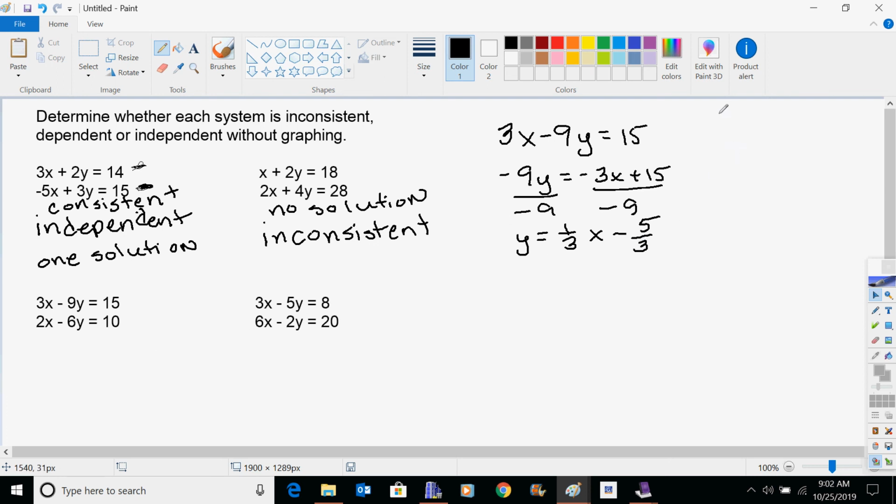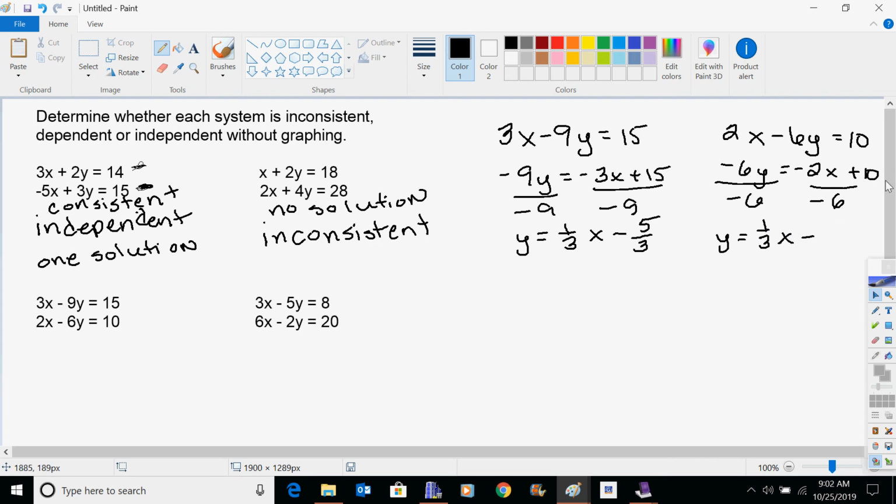And then we've got the other one. We divide that by -6. 10/6. 10/6 reduces to 5/3. So then this one would be dependent.